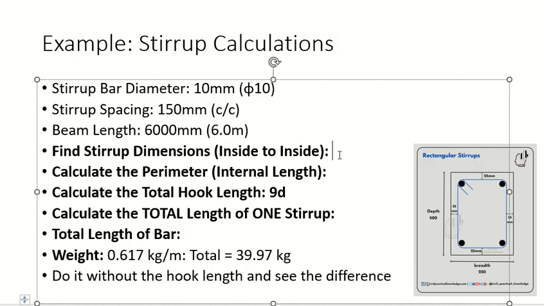That is 50, and the remaining is 200. So 25 from here, 25 from here. You subtract for the cover, and the remaining is the length you need.